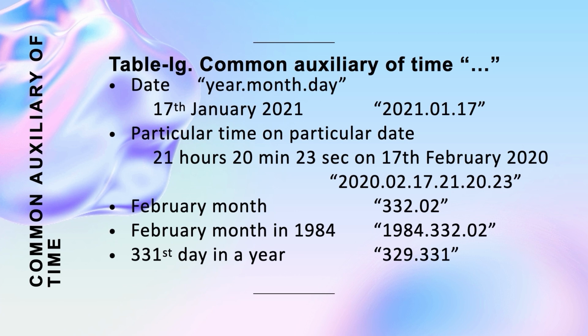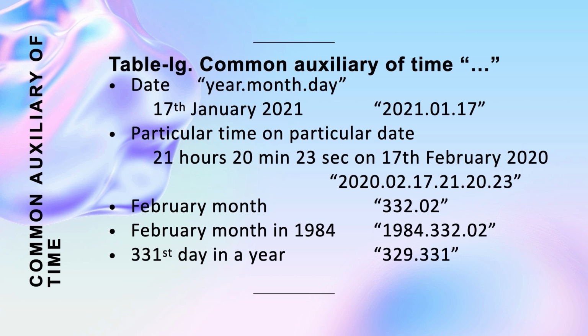In case of a particular time on a particular date, suppose 21 hours 20 minutes 23 seconds on 17th February 2020, first will come the year 2020, then dot 02 for February, then dot 17 for the 17th, then dot 21, that is the hours, dot 20 for 20 minutes, and dot 23, that is 23 seconds. All are within double quotation marks.